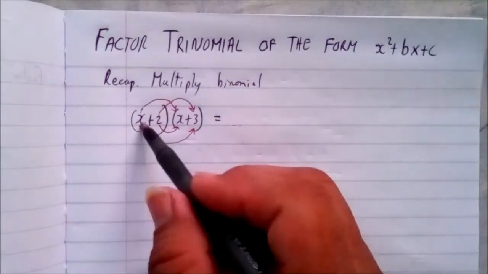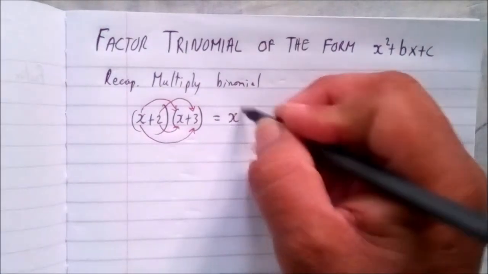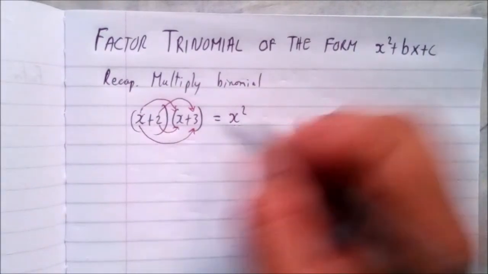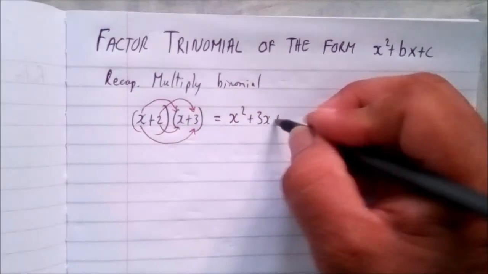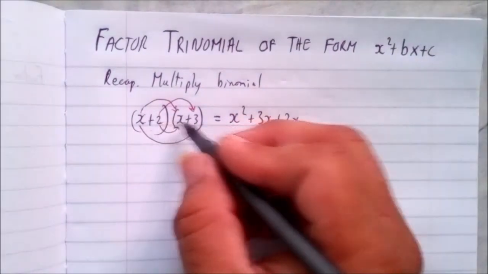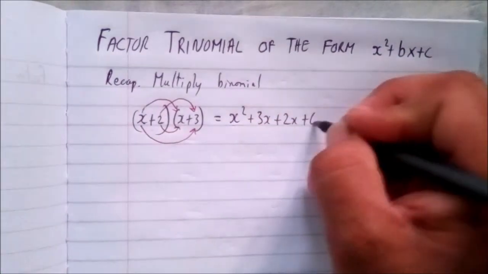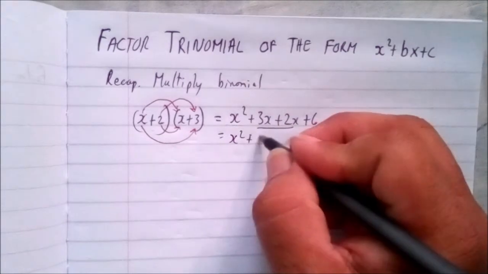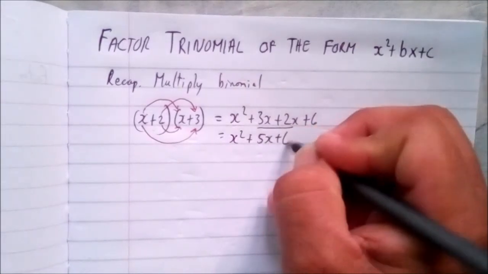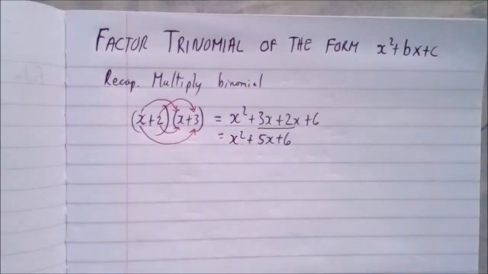So we do that. X times x gives us x squared. X times 3, 3x. 2 times x, 2x. 2 times 3 will give us 6. That gives us a result of x squared plus, add these two, 5x plus 6. That is what we have been doing.